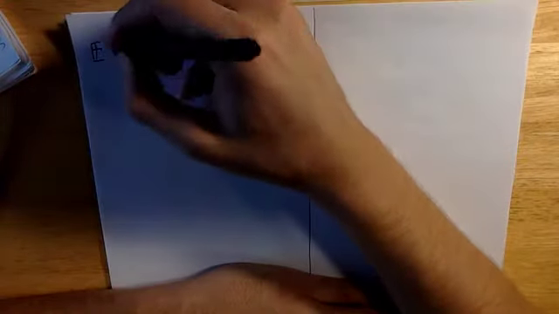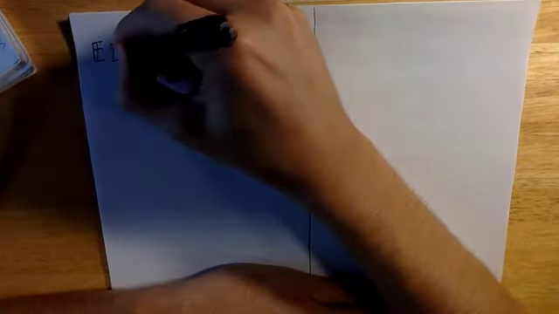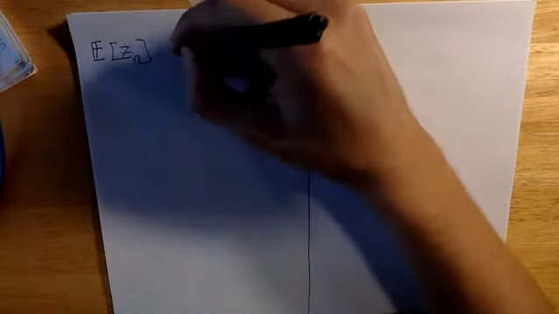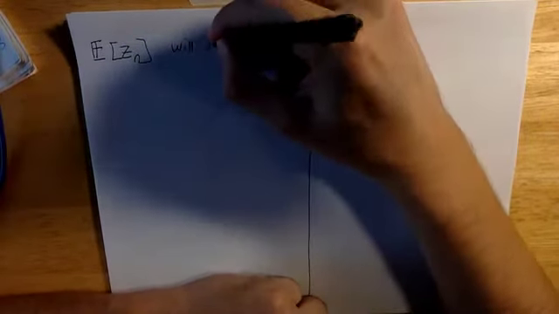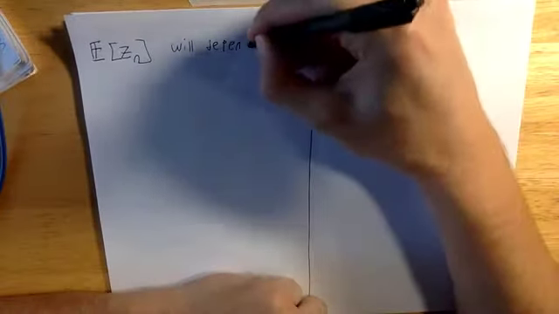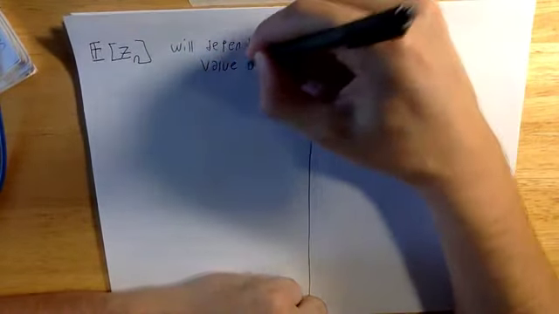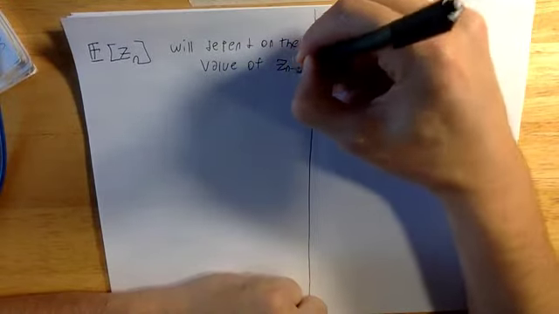Now E of Zn will depend on the value of Zn minus 1.